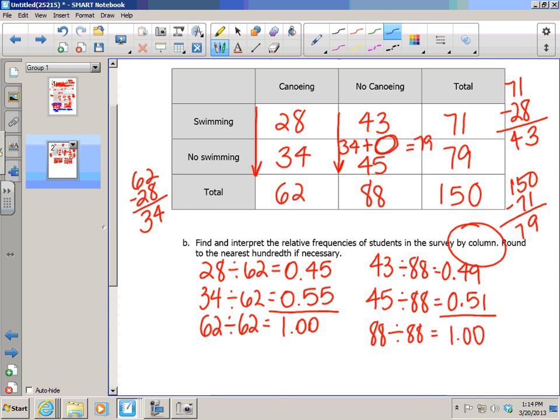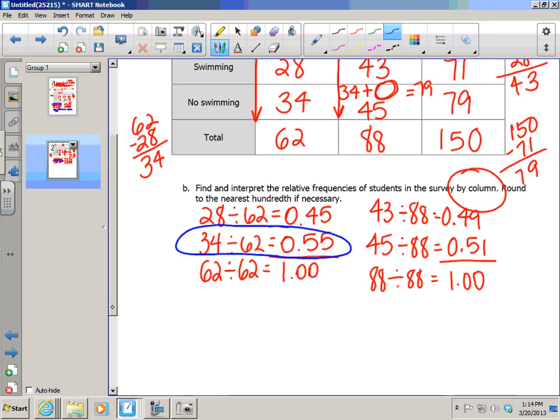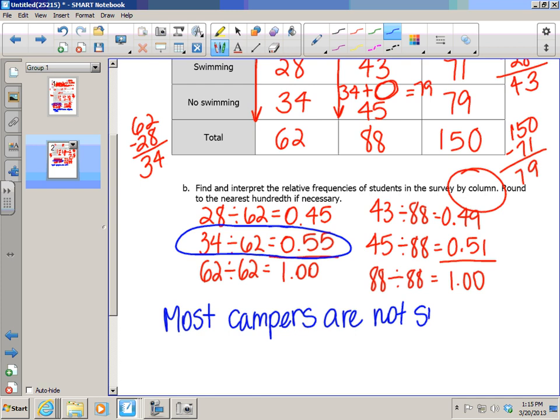So it looks like the highest value is right here at 0.55, and that was our, most campers are not swimming, but they are canoeing.